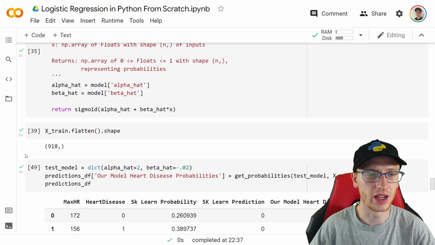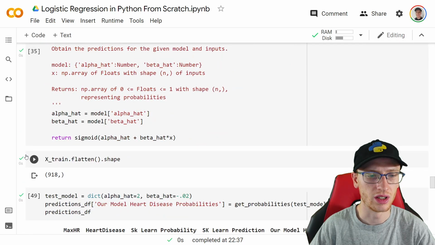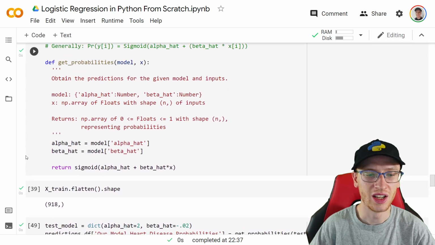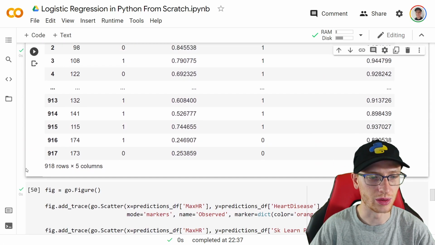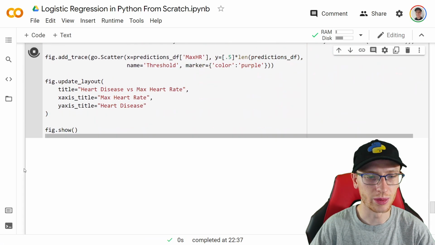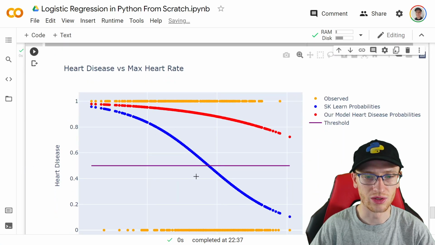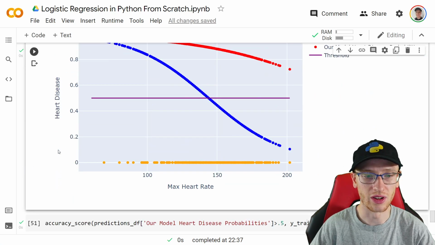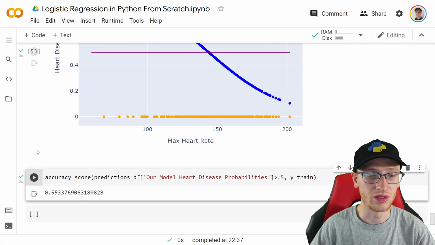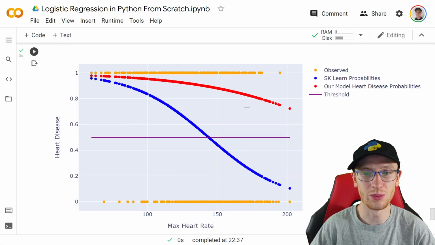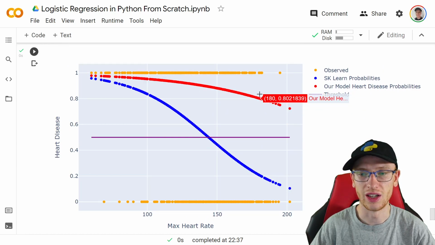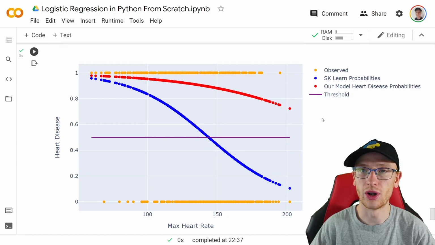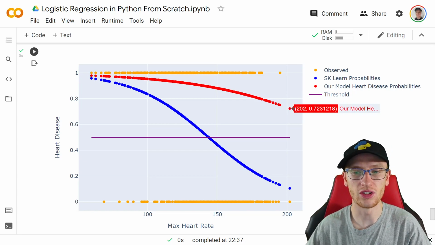If I set the alpha hat, maybe I have to increase alpha hat just a little bit. It's funny. I thought that I was keeping values from earlier that I checked, but clearly, that was not any better at all. I'll change that a little bit and get our curve. Oh, that's a crazy curve. I do not like this at all. And that's 55% again. Okay, so that's basically because we're just predicting all of them as the positive class, the heart disease class.